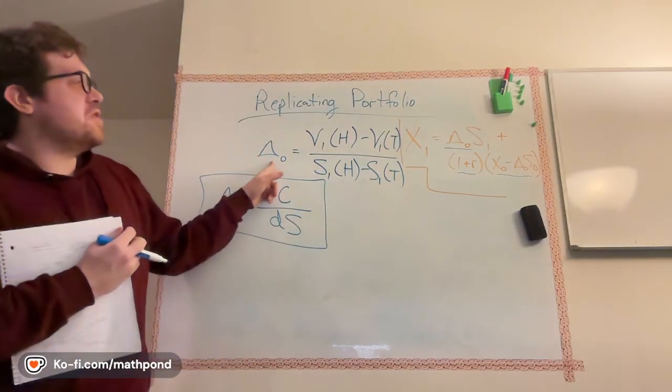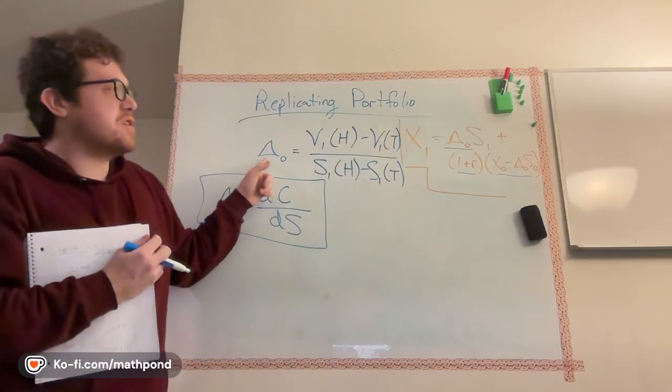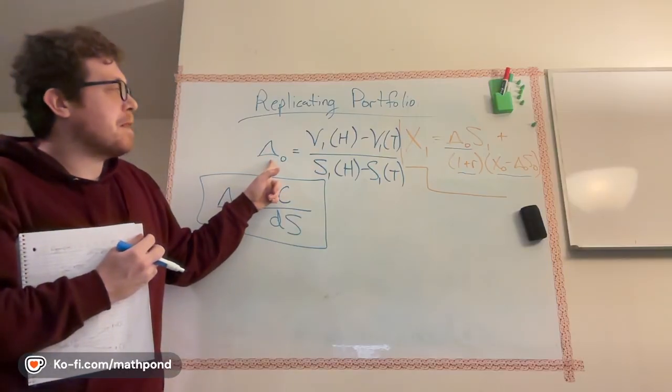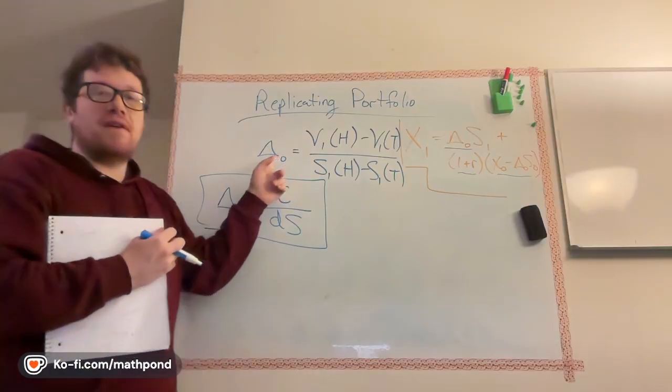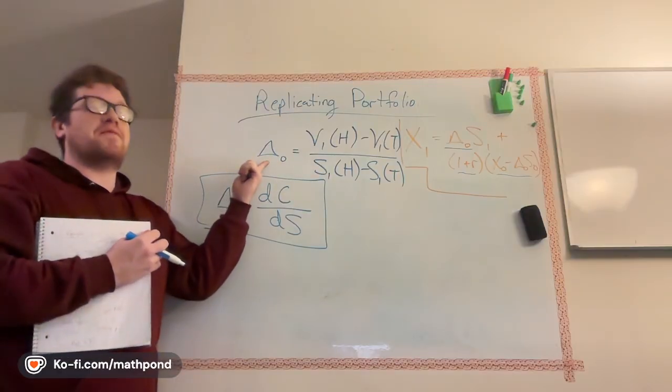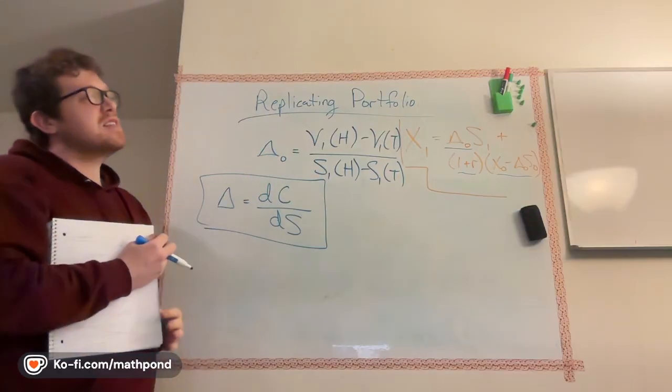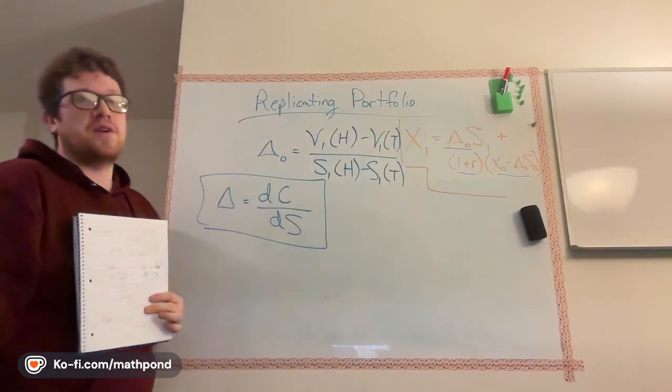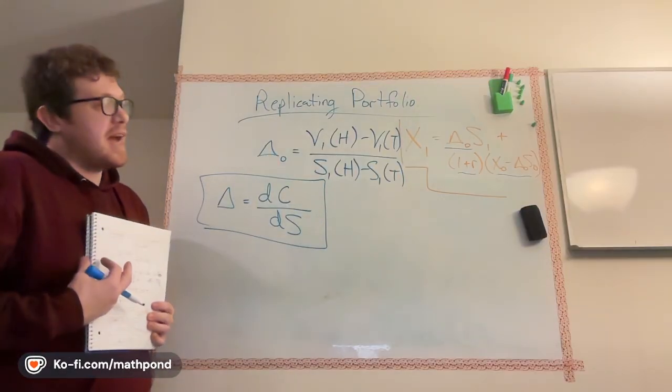So this tells you how many shares of the stock I should buy at time 0, and then however much cash I have left over, or maybe it's negative cash, maybe I need to borrow cash. Usually I'll have to borrow cash to buy this stock, and I'll have to pay the risk-free rate on that cash that I borrowed.